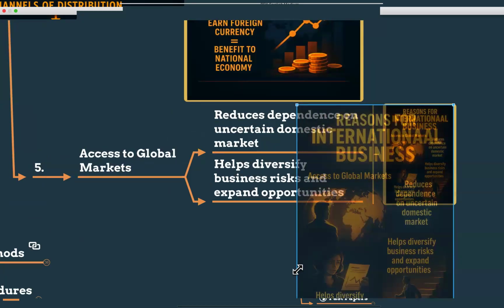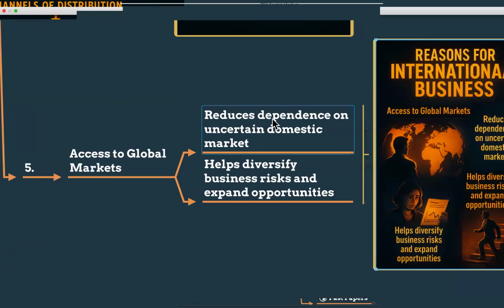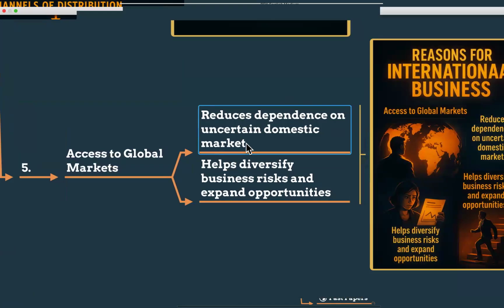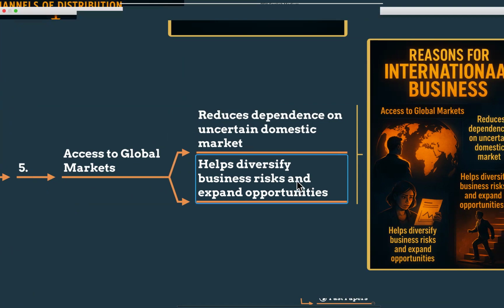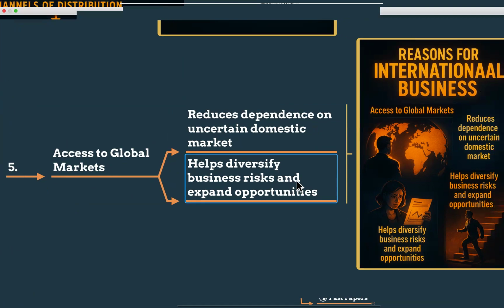It reduces dependence on uncertain domestic markets. In a domestic market, you don't need to be dependent, and also uncertainty is high, so you can access the global markets. So it helps diversify business risk and expand opportunities, not depending only on the local market. So diversification, there's a benefit.